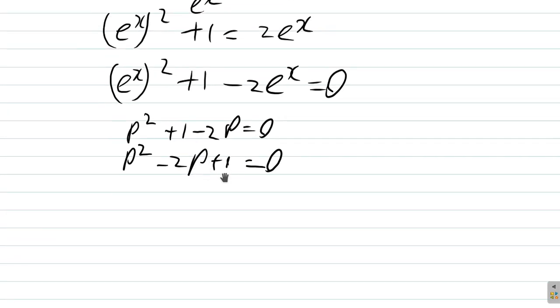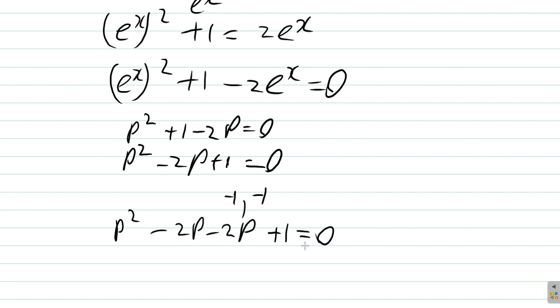And then let's factorize this. Can it be factorized? Find two numbers that multiply to give 1 and add to give negative 2. Negative 1 by negative 1 is positive 1, and negative 1 minus 1 is negative 2. So it can be factorized.